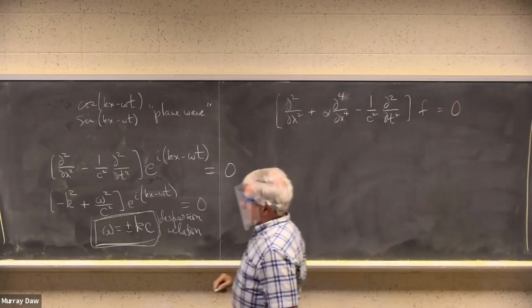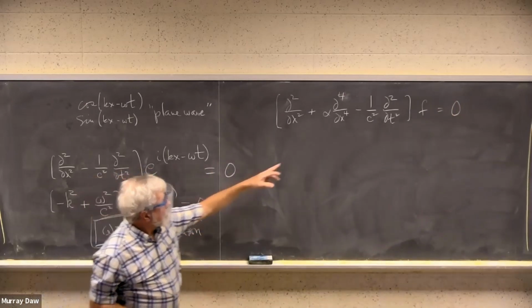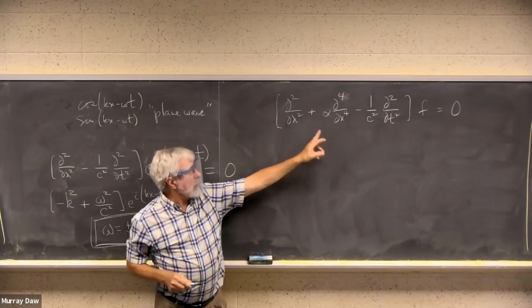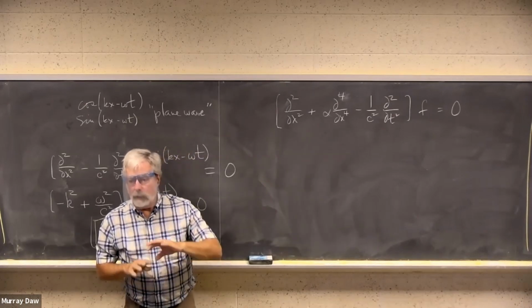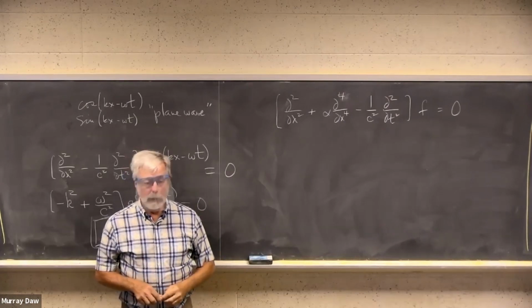So instead of the d'Alembertian, you've got an additional term, which is the fourth derivative. And this constant alpha has something to do with the thickness of the rod. The details are not important.